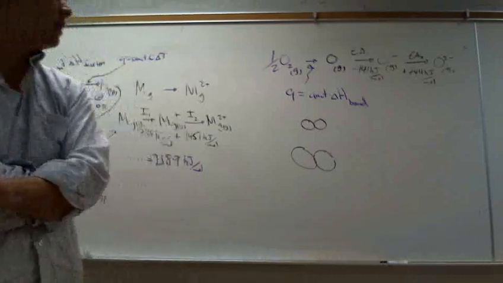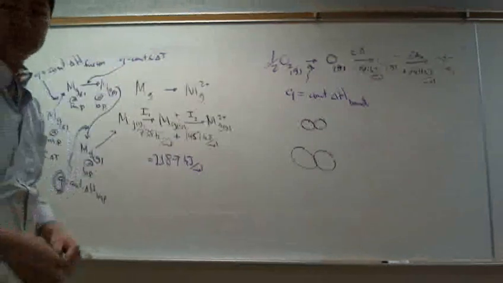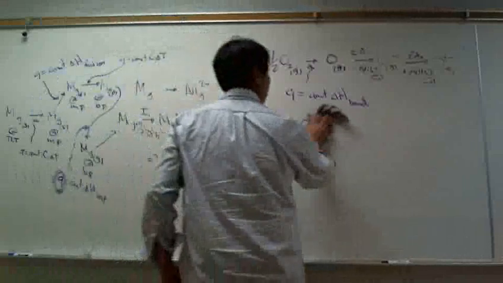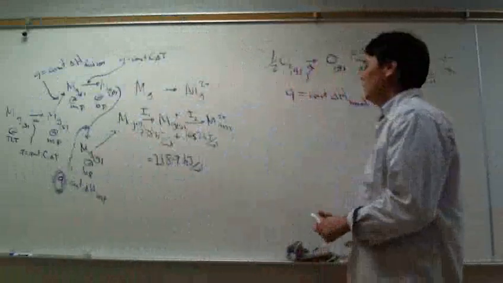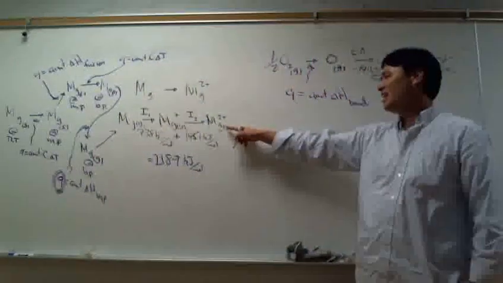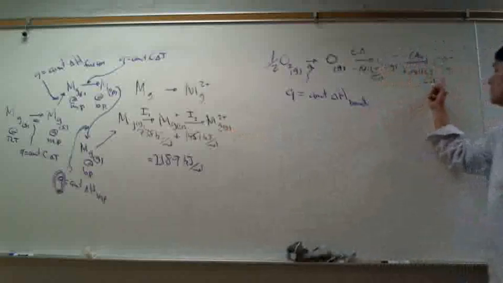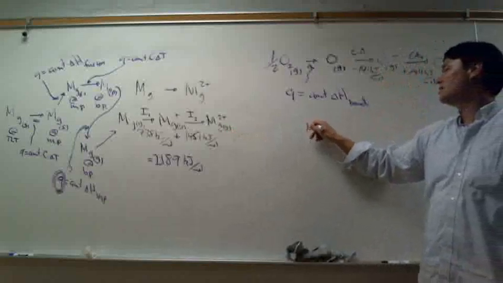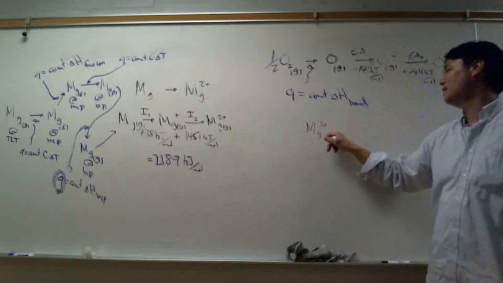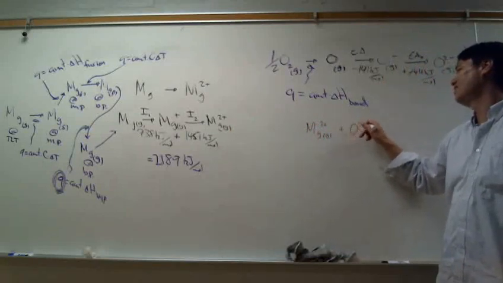And so let me tell you where the return comes in. The return comes in here. Magnesium oxide is not gaseous magnesium ions and not gaseous oxide ions. Magnesium oxide is when we take the gaseous ions like this and combine them.